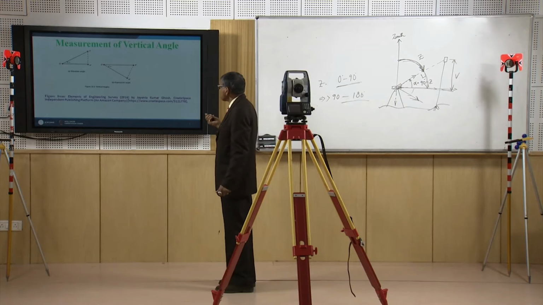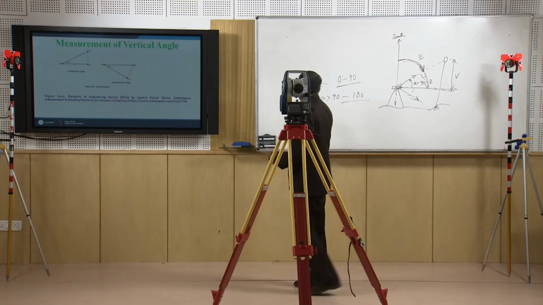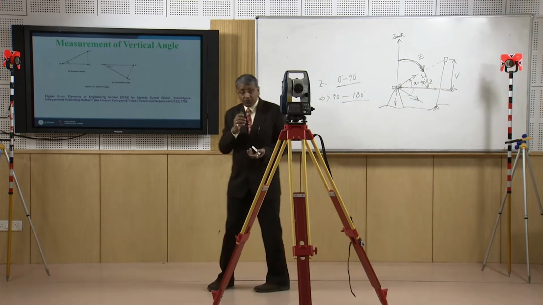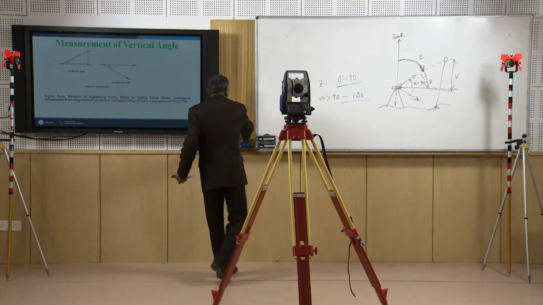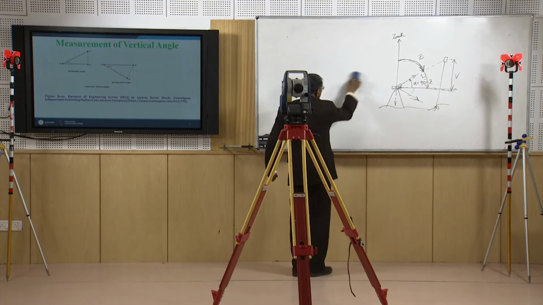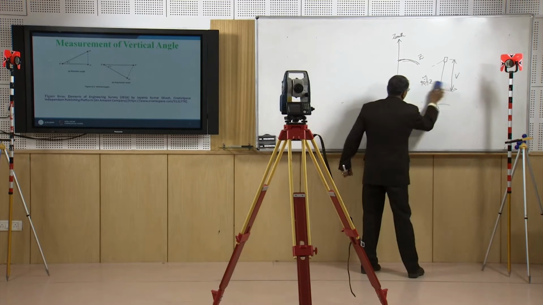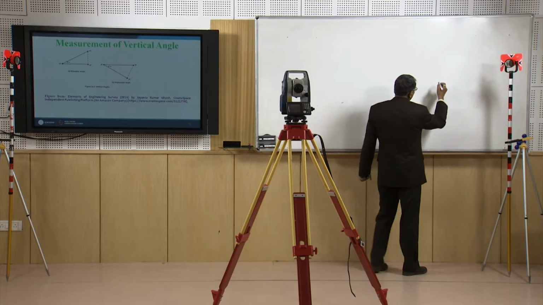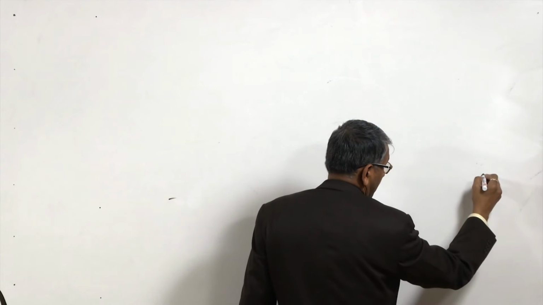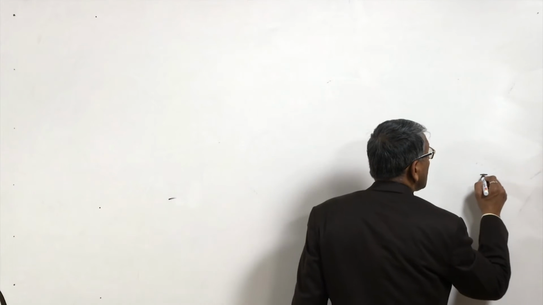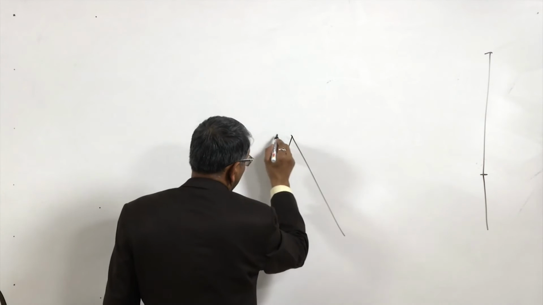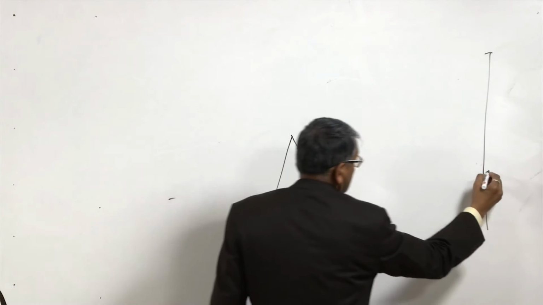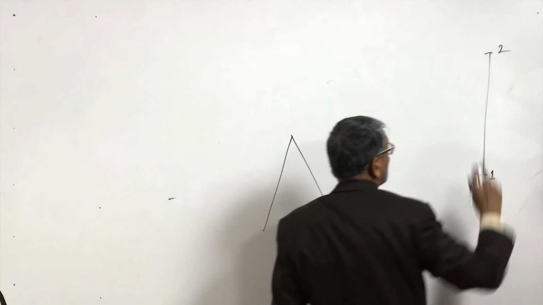The basic idea behind measuring the vertical angle using a total station is this. Suppose I want to find the vertical angle between two points, this one and this one. If my instrument is like this, this is target number 1 and this is target number 2.